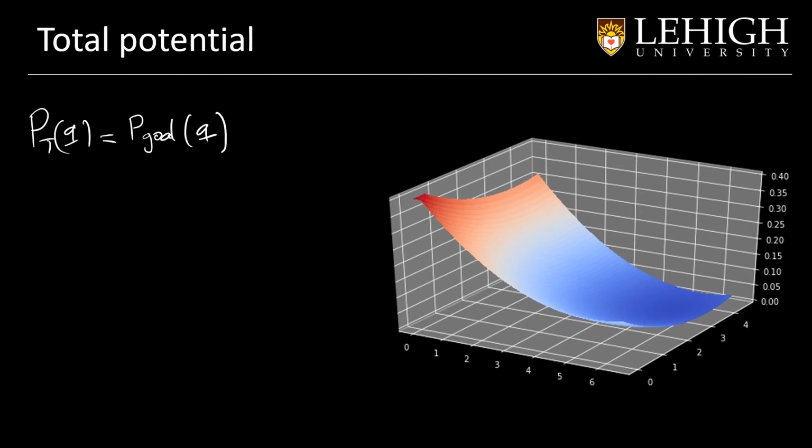That will generate a ball, and for any position we will try to drive the robot down to that ball. But if we introduce the obstacles, we also need to add the obstacles to the equation. So we will add the potential that every obstacle generates.